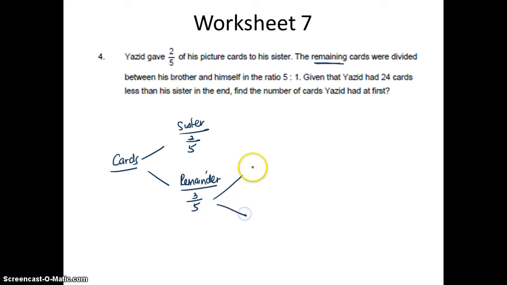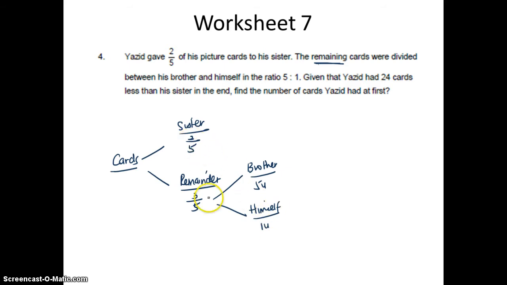So, remaining cards between the brother and himself, 5 unit, 1 unit. Given that Yazid had 24 cards less than the sister in the end. So in the end, he would have less than the sister.